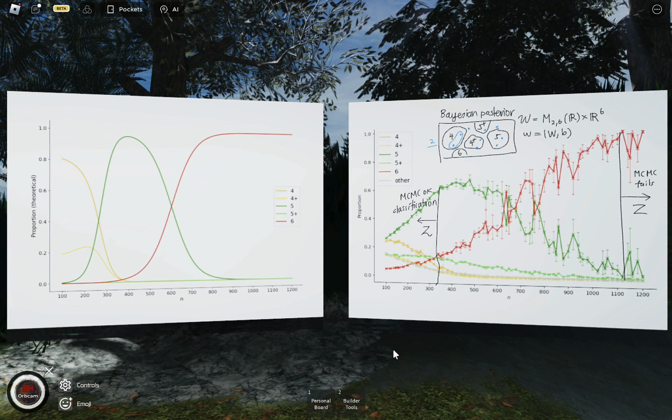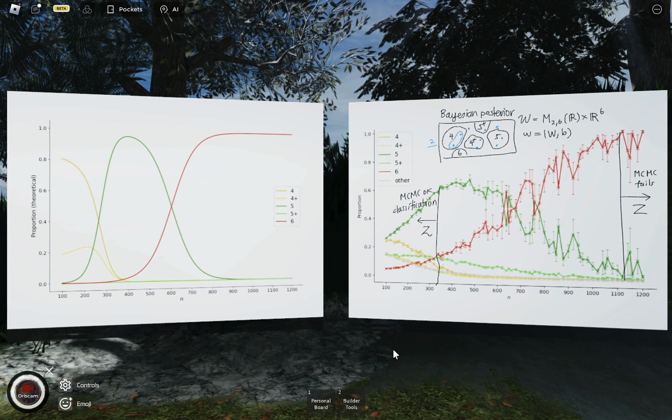But for some range starting between 300 and 400 and up to the end of this plot, we have some reason to be confident that MCMC is giving a good picture of what the posterior is doing.